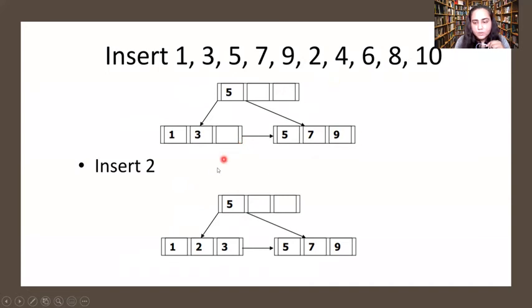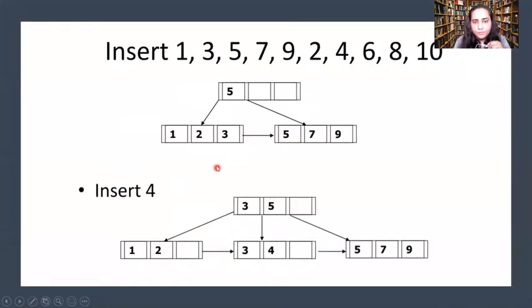The next thing I have to insert is 4. This is my previous tree, and to insert 4, it would come in this position, but there is no space here for 4. So I have to pick one key to go up to the root. Which would that be? Previously I picked the larger one.